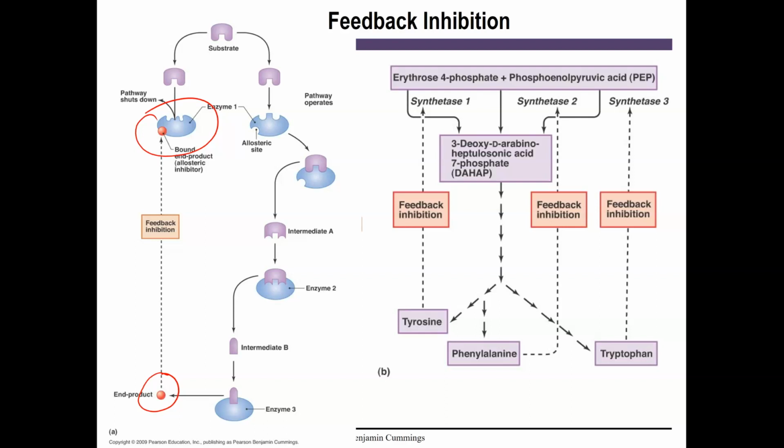Note that on this image to the left, there's a series of enzymatic steps that work on the product of a previous reaction, using the product to be the substrate that produces another product.